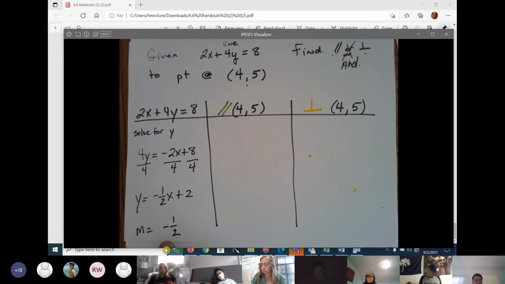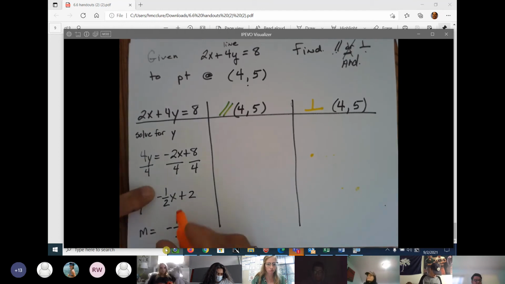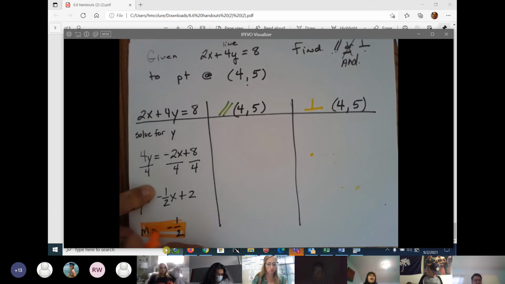So this is our indicator. Right here, this right here is our indicator. What do you mean? Well, let's go back to the rule. What does our rule say about parallel lines?